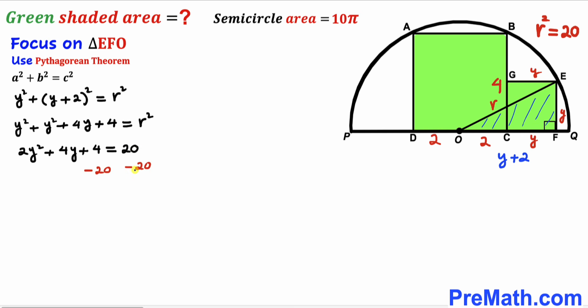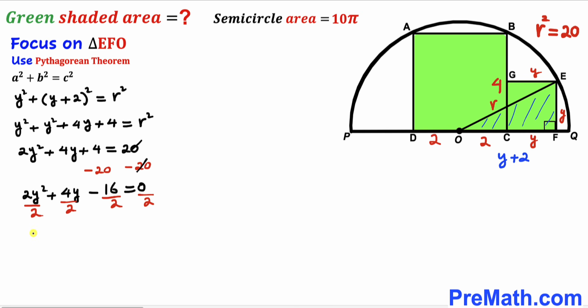So therefore, we are going to have a 20 on the right hand side. And now we are going to subtract 20 from both sides. So therefore, we ended up with 2y squared plus 4y minus 16 equal to 0. And to make our job simple, I'm going to divide each and every term by 2 across the board.